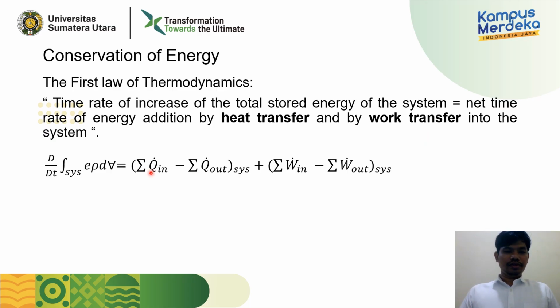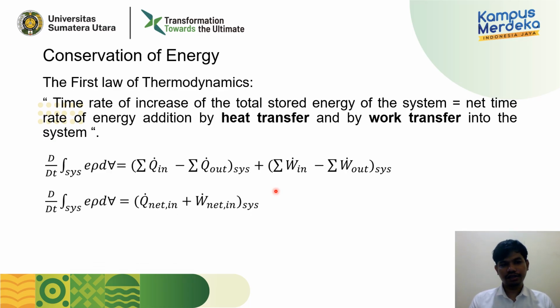The difference normally is because we use integral equations, but this is the energy of the system. So the time rate of increase of the total energy will be equal to heat transfer, and this is work transfer into the system.